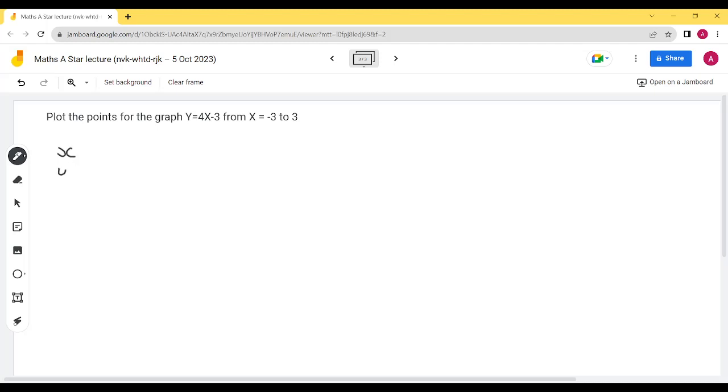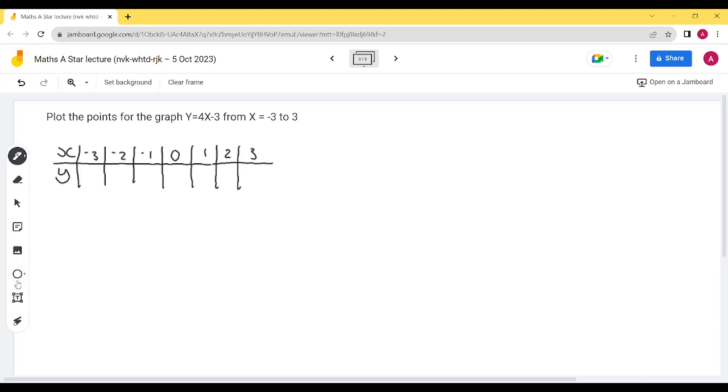You won't be expected to draw it, but a table for something like this would look like this. You'd have x and y, and we'd have all of our coordinates here, so we've got a table here for that.